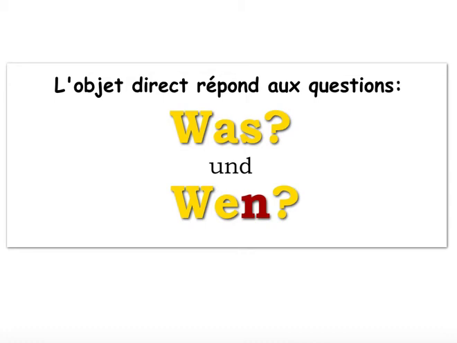Let's move on to the questions. So the direct object responds to the questions was, what, und wen, whom. Now, let's take a look at this. Wen liebt Peter? Whom does Peter love? Peter liebt seine Freundin. Peter loves his girlfriend.